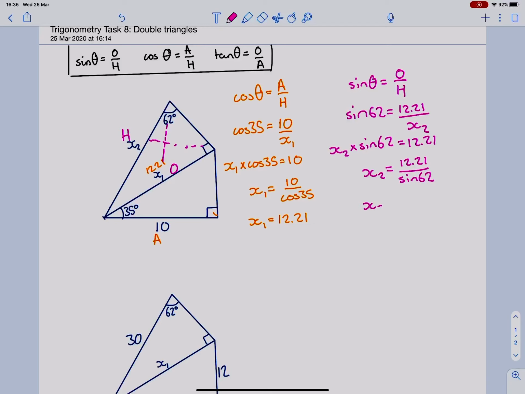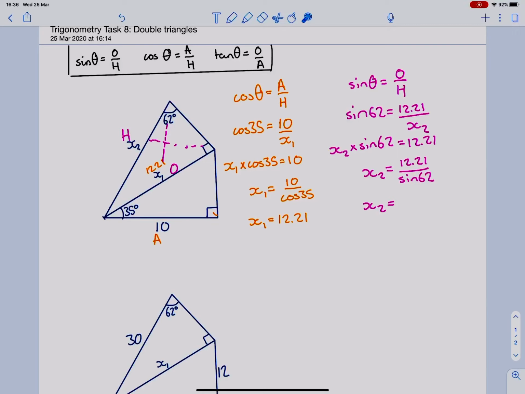Just a note, on my calculator I've still got the answer from this question left on there. It's left on there as a full number without any rounding. I can use the ANS button on the calculator and it will use that previous answer, and simply divide by sine 62 and it will be completely accurate.